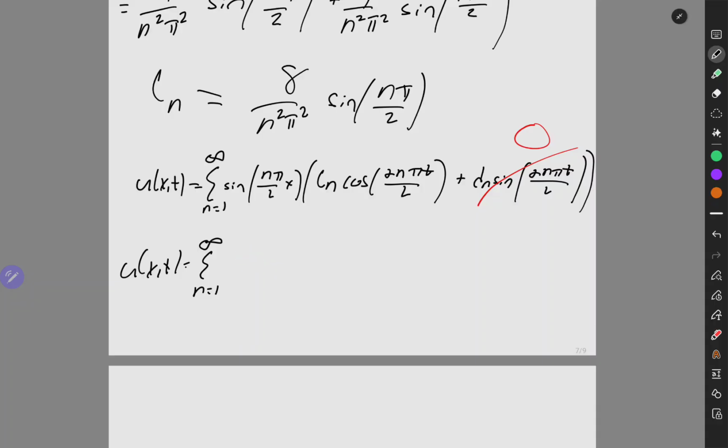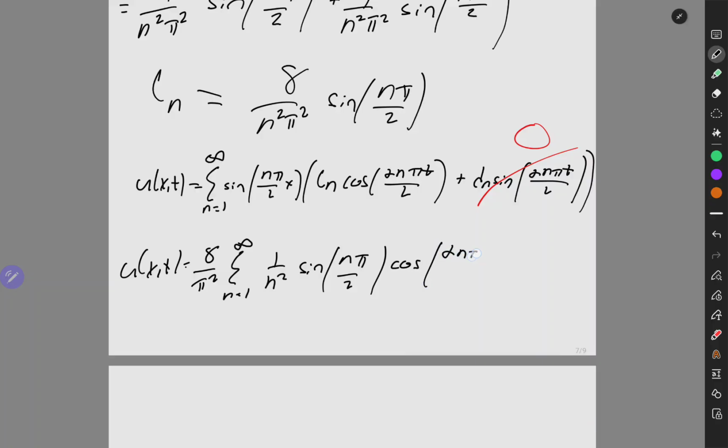8 over, I'm going to pull that out, 8 over pi squared, sum from n equals 1 to infinity, 1 over n squared sine n pi over 2 times cosine alpha n pi t over L times sine n pi over L x.